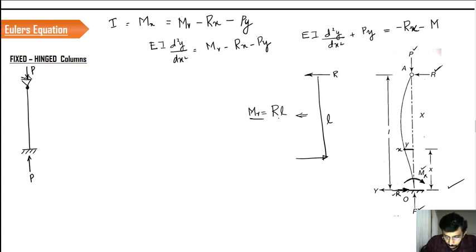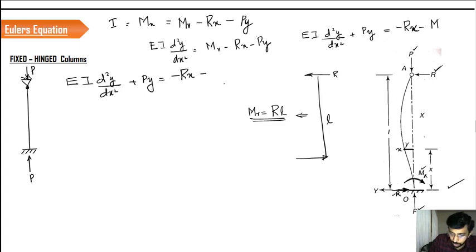So we can say that MR is equal to RL, and if we use it over here, EI into d square y by dx square plus P into y equals minus R into x plus R into L. If we take R outside, it is going to be L minus x.